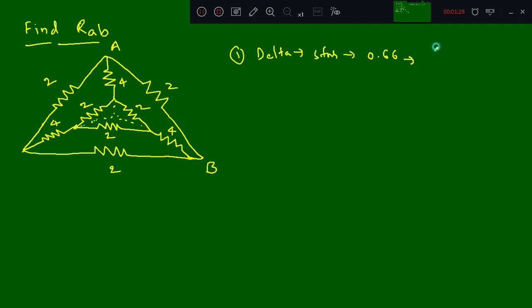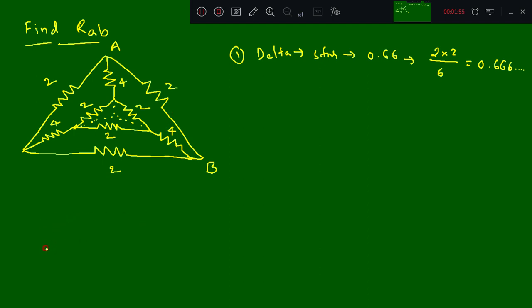If you make the resistors 2 into 2 divided by total resistance, which is 6, this is 4 by 6, 0.6666, like this value we are going to get. Those 0.66 are connected in series with these 4 resistors, so that will be reduced to like this.